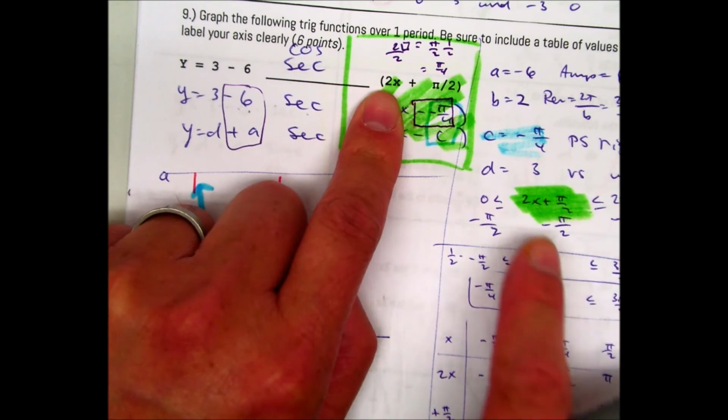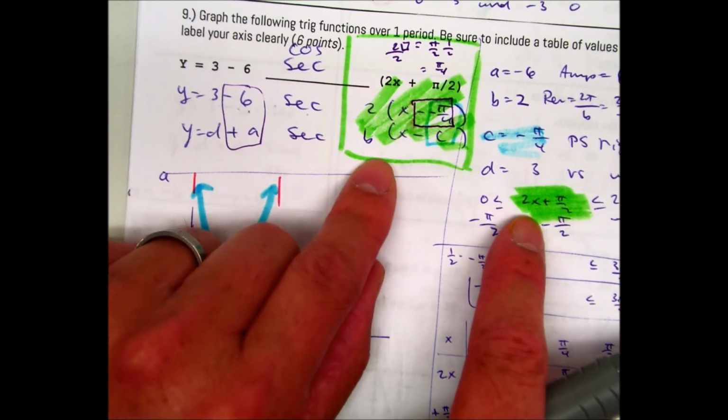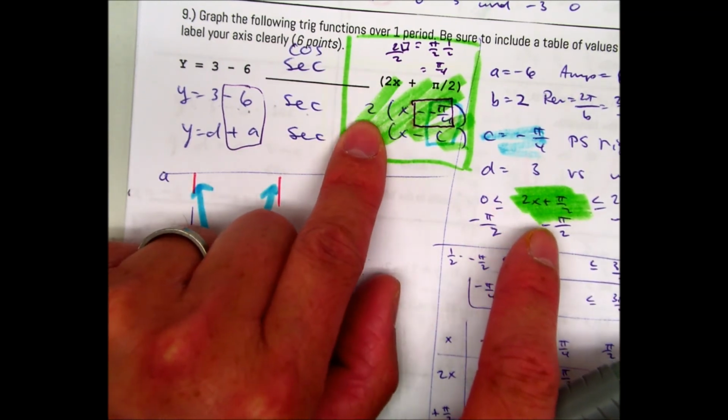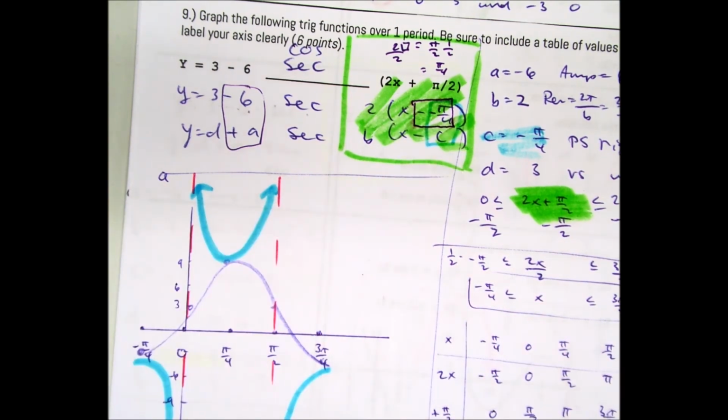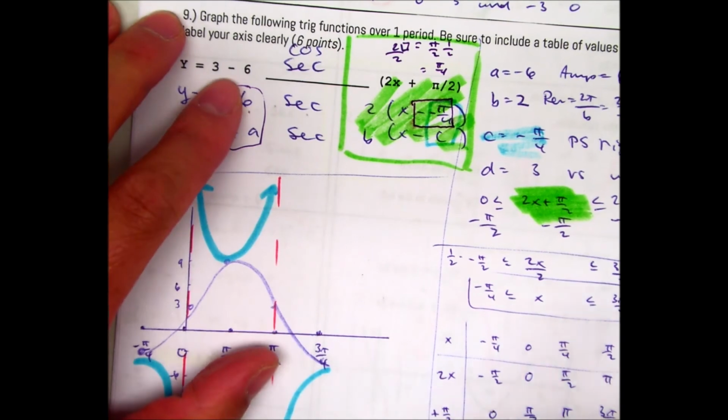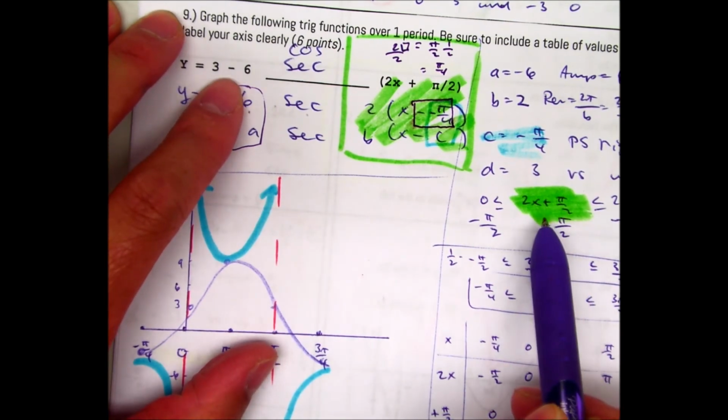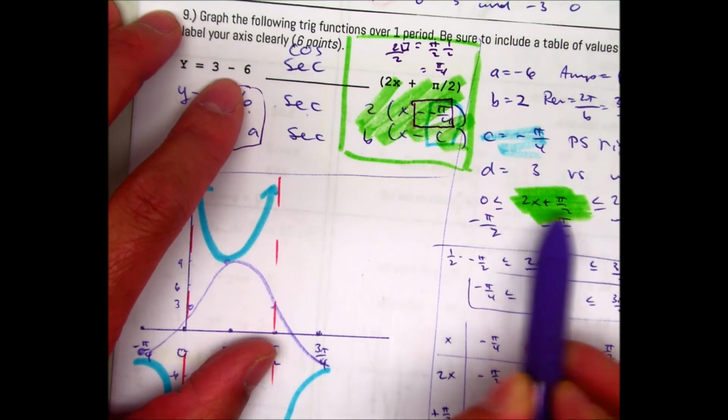So you can use the unfactored version, which I used, or you can use the factored version, 2 times the quantity x plus pi over 4, and you'll get the same answer. To simplify this problem, I'm just first subtracting pi over 2, and then you will divide by 2 and get negative pi over 4 to 3 pi over 4. So again, you can't divide by 2 here first.